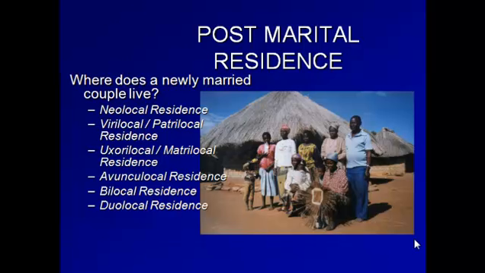So the wife is sending meals over to her husband and the family of her husband. So that's a kind of residence pattern that is found. I'm not actually sure how widely it's practiced these days, but it's a historically famous example of dual local residence.